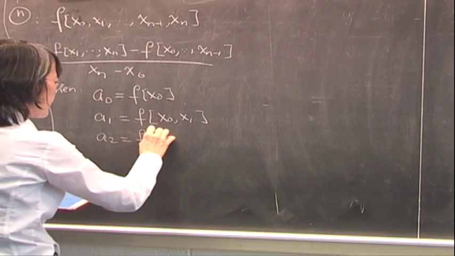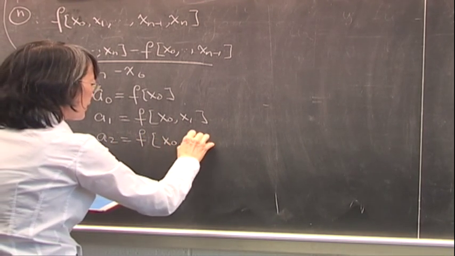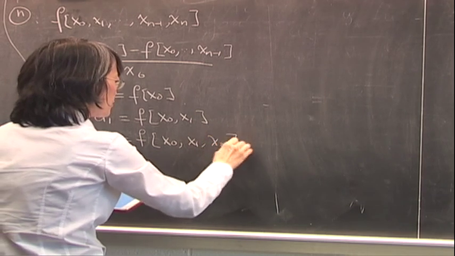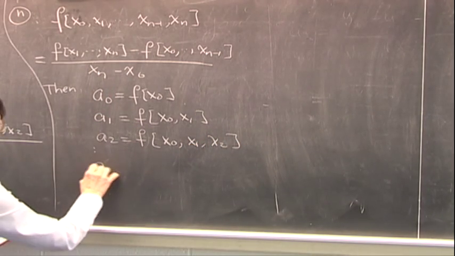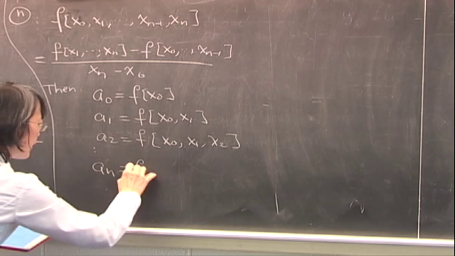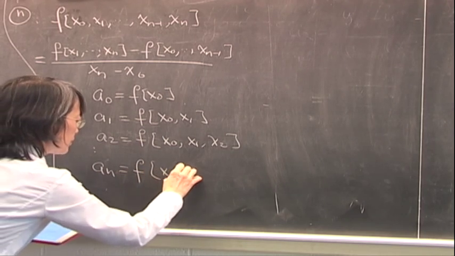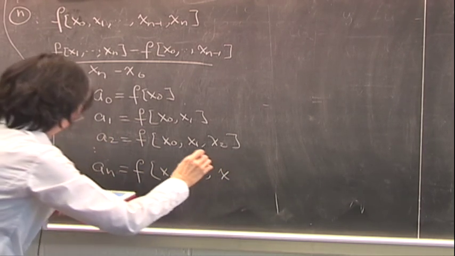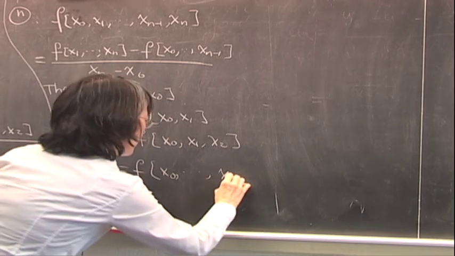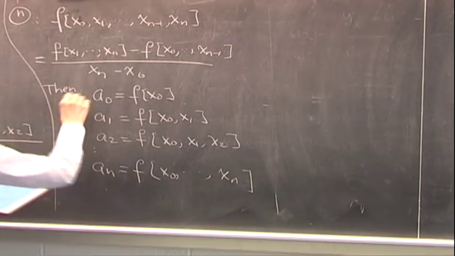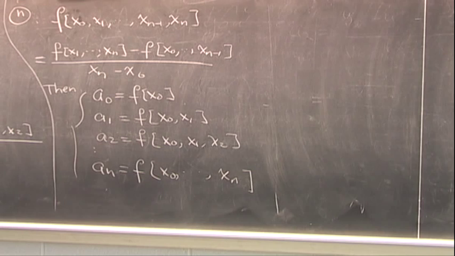A2 will be f[x0, x1, x2]. And you see the pattern. And an will be f[x0, ..., xn]. And these will exactly be those coefficients in the Newton's form of the interpolating polynomial. Is that clear?